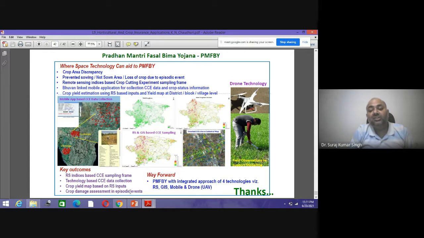So nowadays, not only remote sensing data, the drone technology is equally important, and we are using this drone technology for the local level study. We can use the drone technology, the remote sensing data, and the field data, and using all this data, the prime responsibility of any technology or any technique is to help your farmers, because more than 70% of the population in India is still dependent on agriculture.